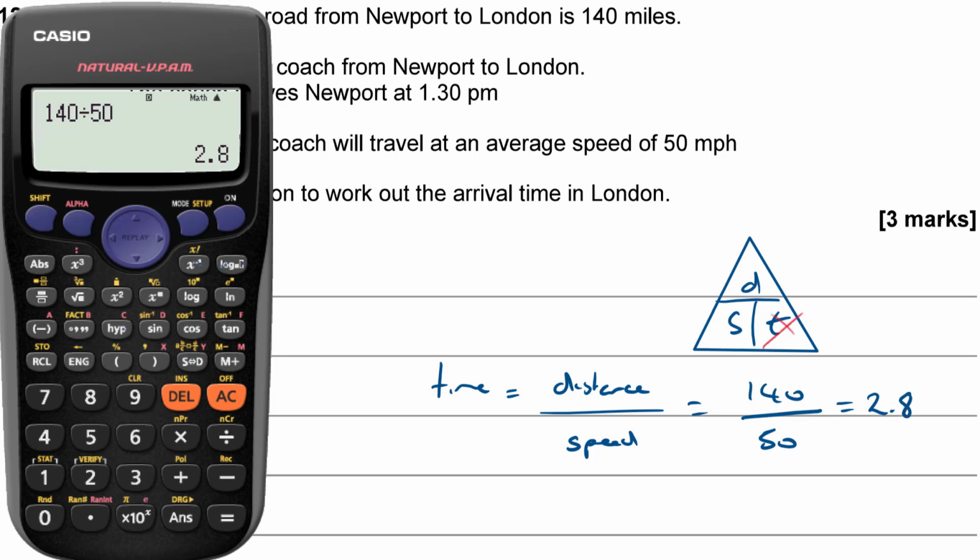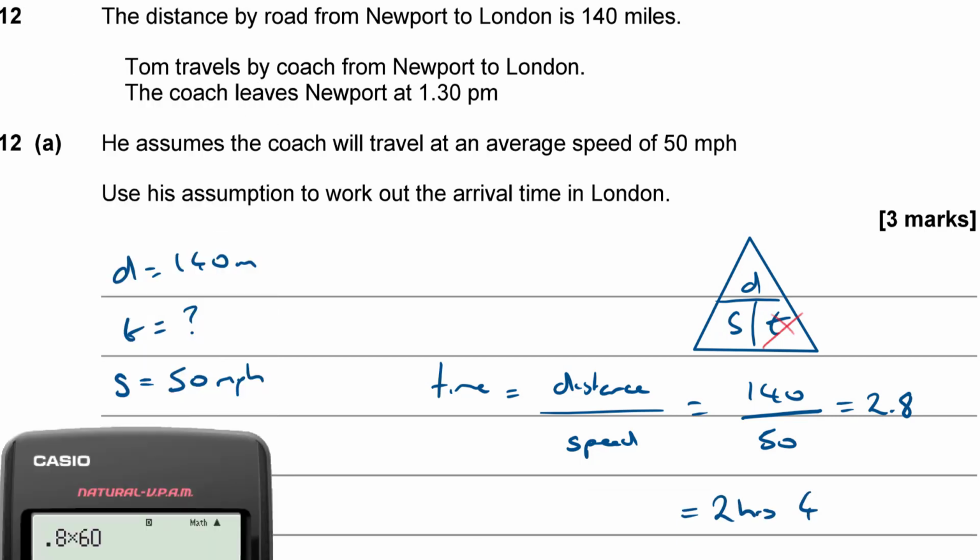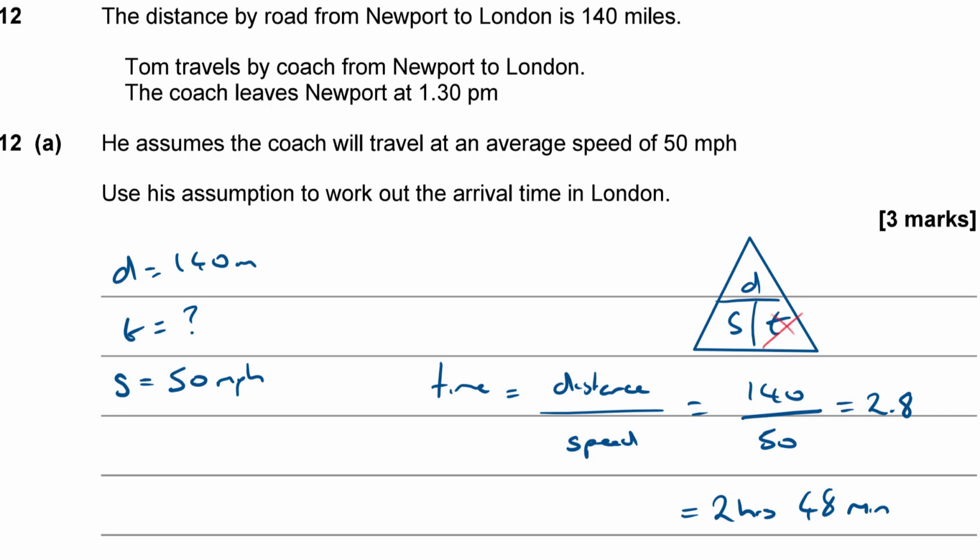So it's 2 hours and 0.8 of an hour. How many minutes is 0.8 of an hour? Well, there are 60 minutes in an hour, so 0.8 times 60 is going to give me 48 minutes. So that is equal to 2 hours and 48 minutes.